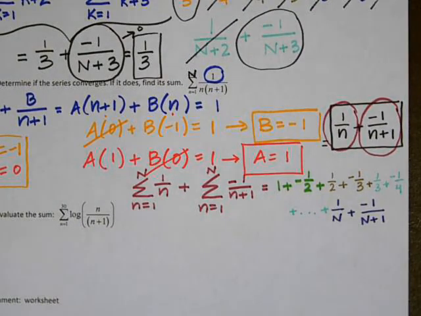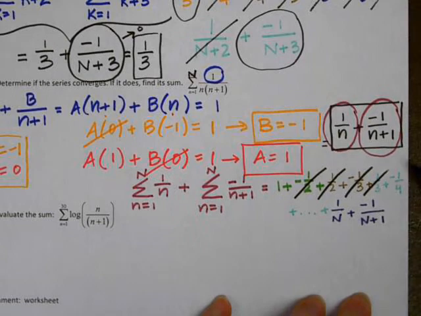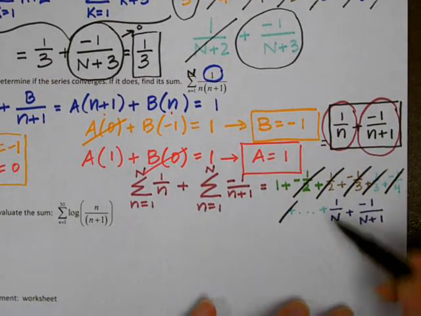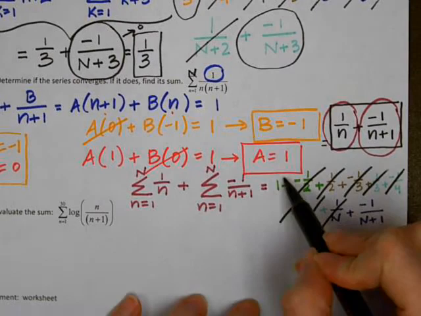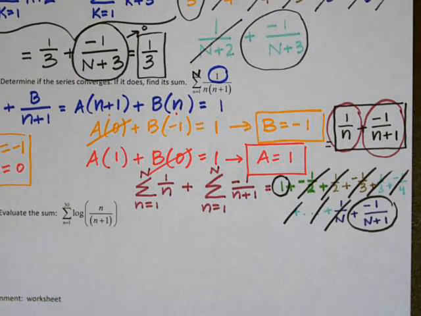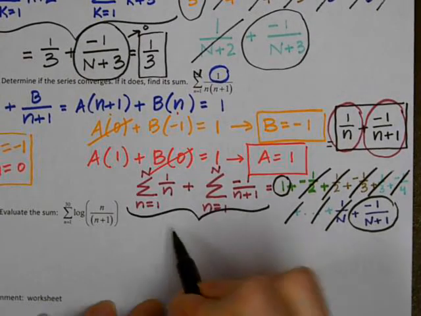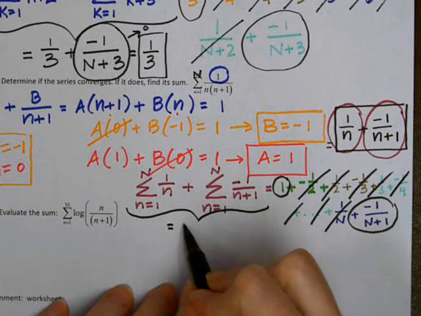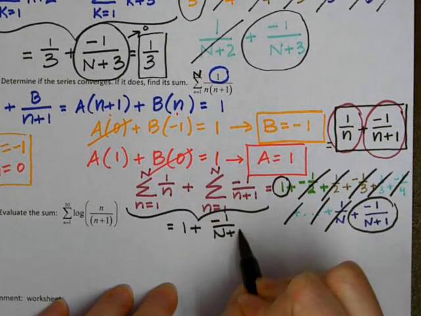All right, so if you see this pattern that's continuing, these cancel, the previous one and this one will cancel, and again, you'll be left with the first plus the last. So this is really equal to 1 plus negative 1 over n plus 1.